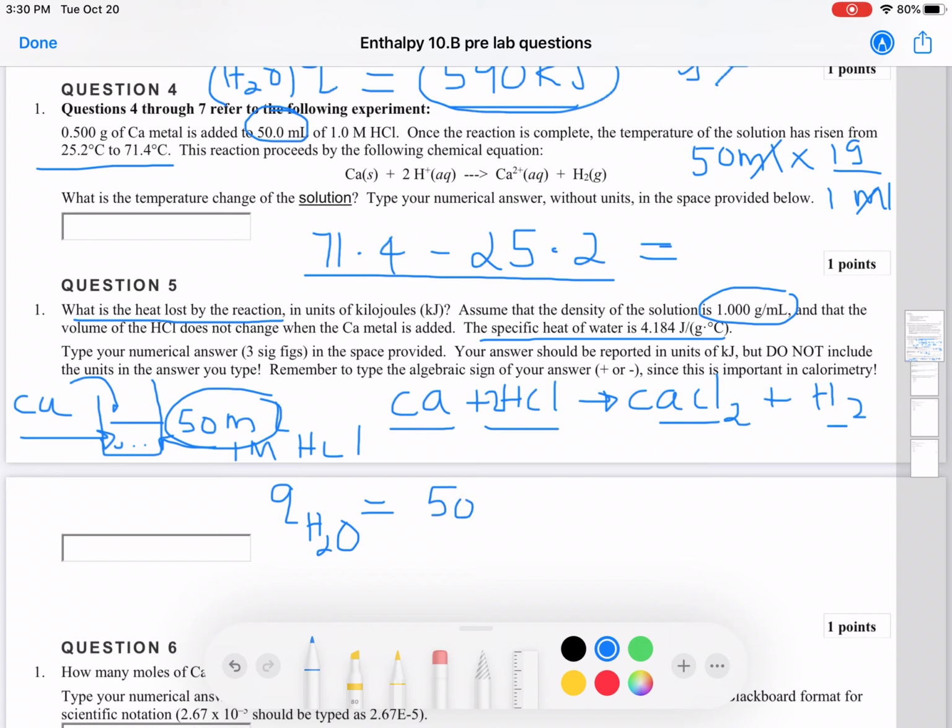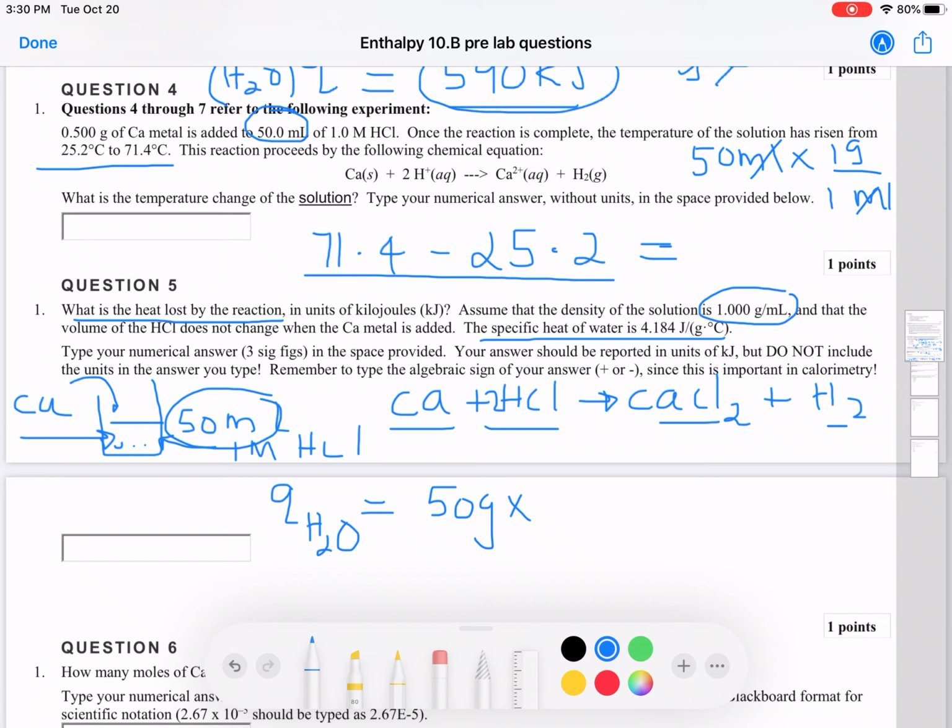So 50 grams water, since we use 50 milliliters hydrochloric acid, we have a very small amount of HCl added to the number of moles, so we can basically neglect the amount of HCl, considering all of it is water.